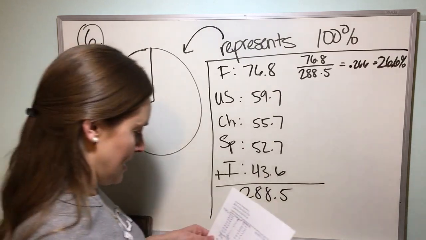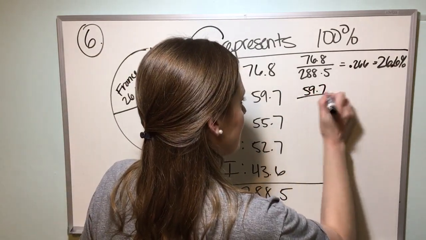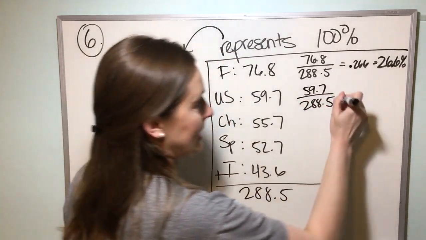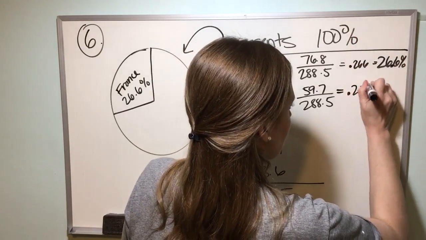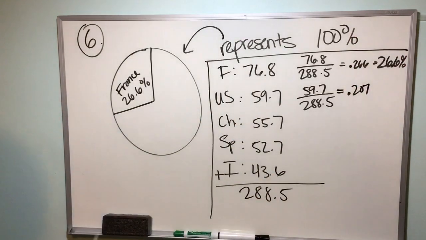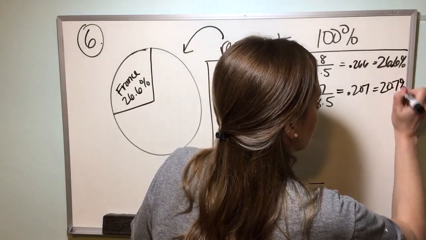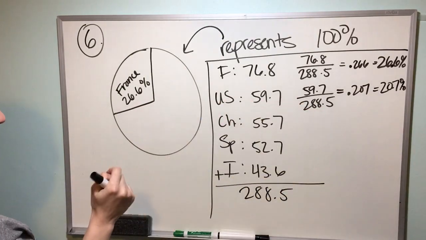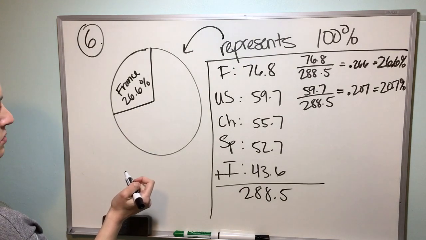I'll do the US next because it's next in line. I have 59.7 divided by 288.5. Remember, this is my total that I got. And I get approximately 0.207, which is 20.7%. So now I'm going to make the next slice of pie 20.7%. Well, I know this is about 26%, so I know the slice will have to be smaller.